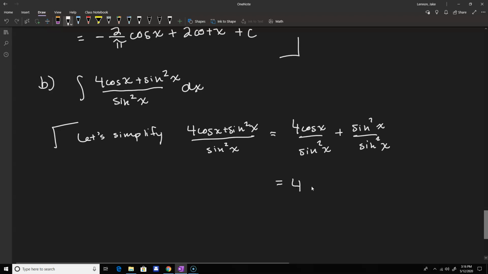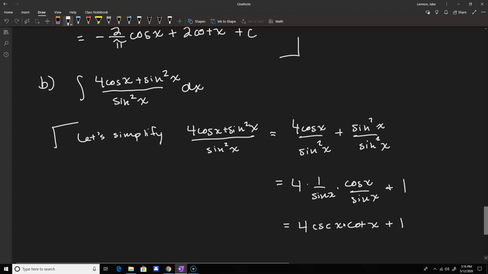We can think of this as 4 times 1 over the sine of x times the cosine of x over the sine of x. And then the sine squared of x over sine squared of x is just 1. So this can be simplified to 4 cosecant of x times the cotangent of x plus 1.